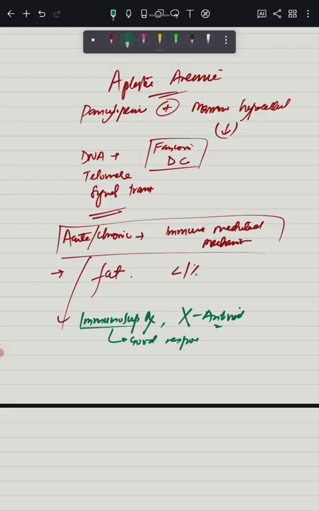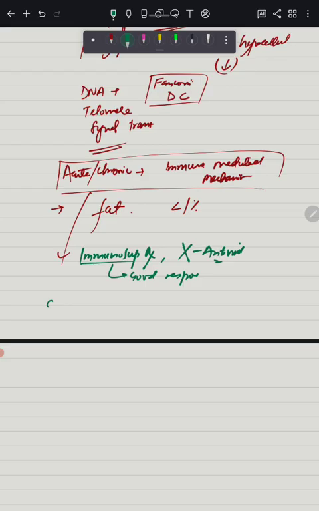So how will a patient present? The clinical features, causes and other things we'll discuss later, but we'll get a good exposure to how patients present with aplastic anemia. Onset is often abrupt or insidious, and the most common and earliest symptom we encounter is bleeding. Patients present with bleeding because of decreased platelet count.